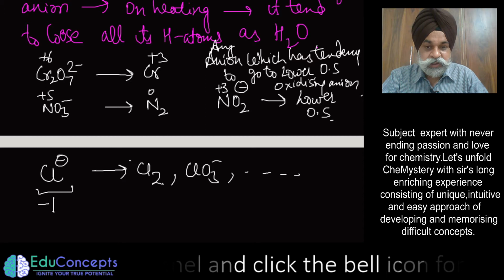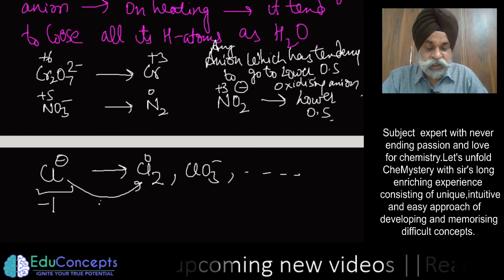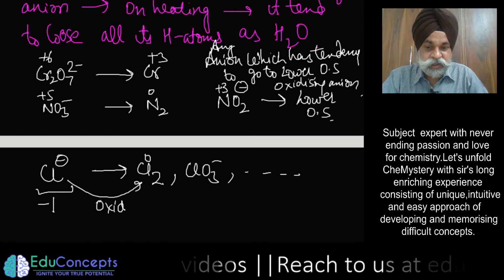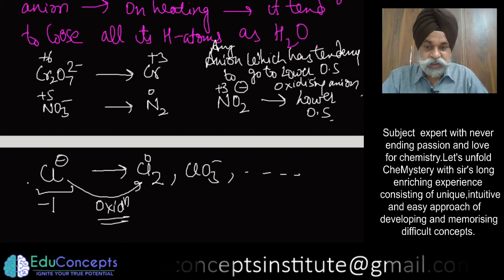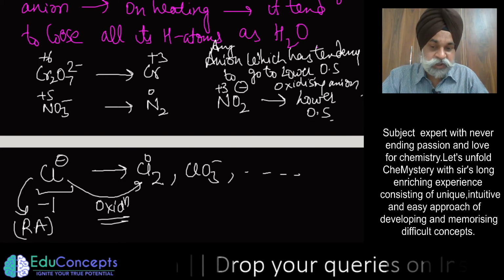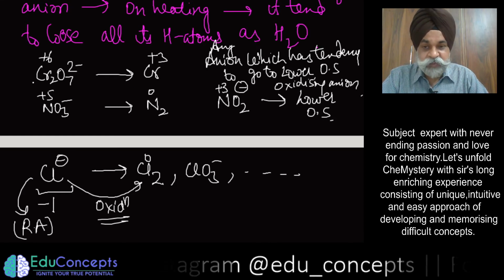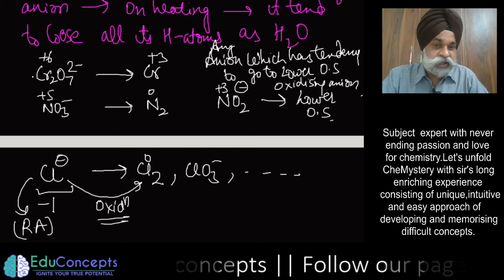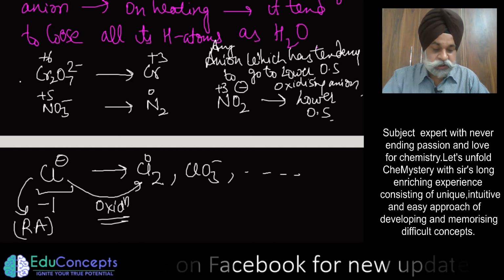So it can undergo oxidation rather than reduction. So this Cl negative is not an oxidizing anion. This is a reducing anion, in case it is used as a reducing agent somewhere during some reaction. So I have made my point clear that oxidizing anions are those which have the tendency to go to the lower oxidation state.